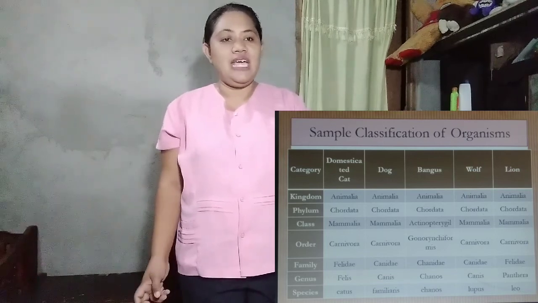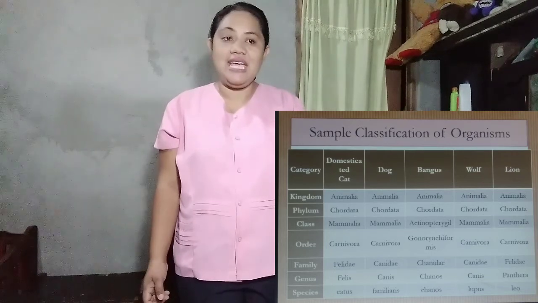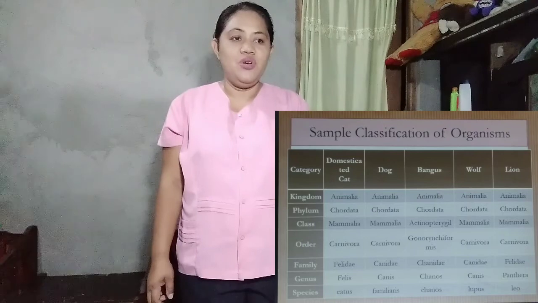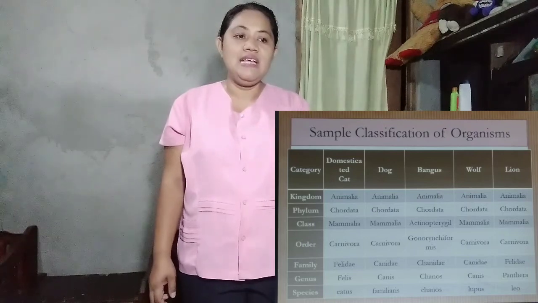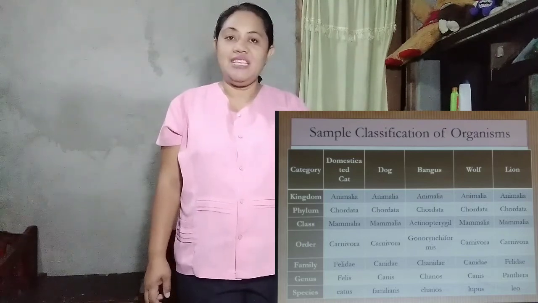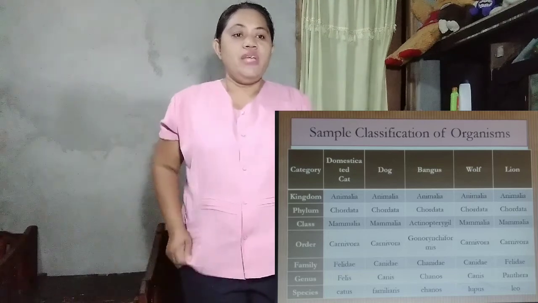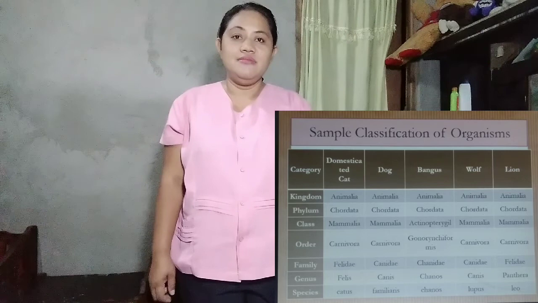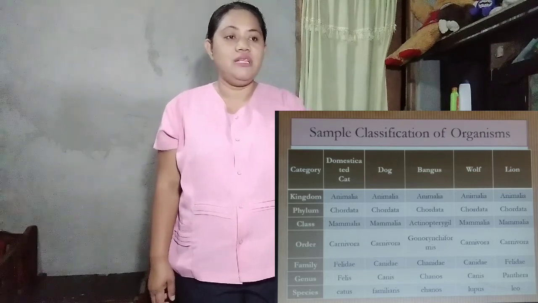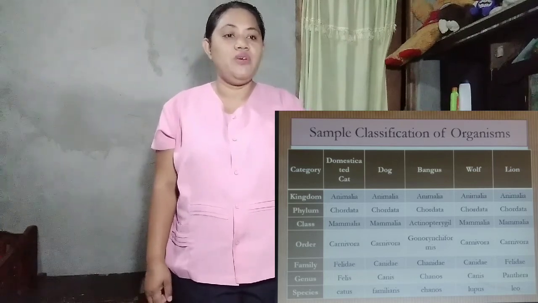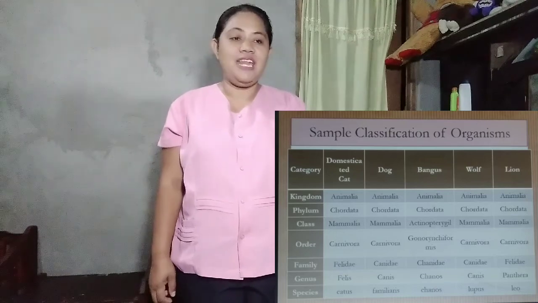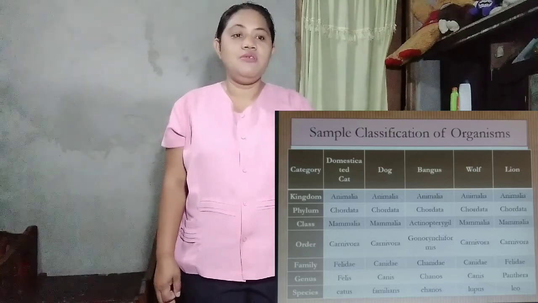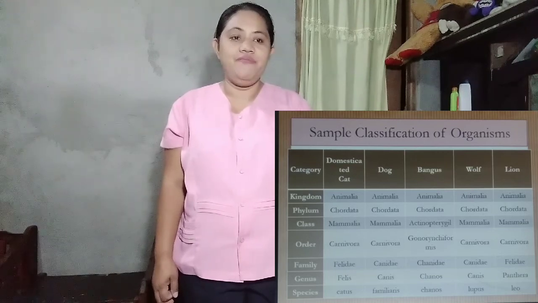Family: Felidae for cat, Canidae for dog, Chanidae for bangus, Canidae for wolf, Felidae for lion. So meaning to say, when you look at domesticated cat and lion, as you can see, they belong to the same family, which is family Felidae. Same with dog and wolf, they belong to family Canidae.